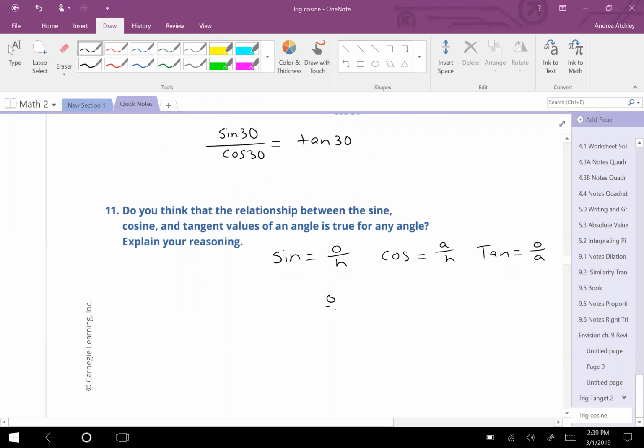If I take opposite over hypotenuse and I divide it by adjacent over hypotenuse, always those h's are going to cancel out, right? I'm going to multiply O times H is OH. H times A is HA. The h's will cancel out, and I always end up with that same ratio as tangent.